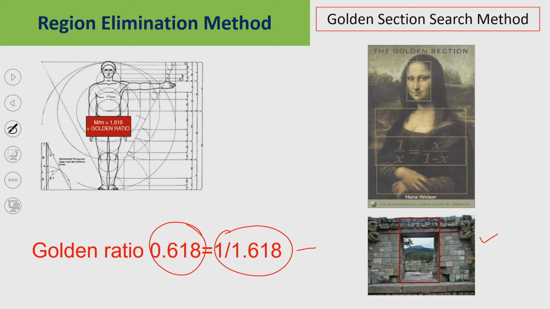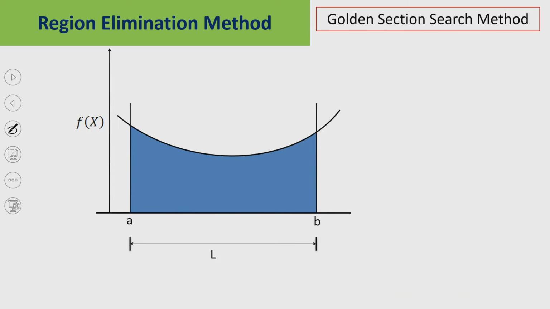So, let us discuss the method. In this case, f of x is a unimodal function. It has only one optimum, in this case one minimum solution, and the function is continuous between A and B.